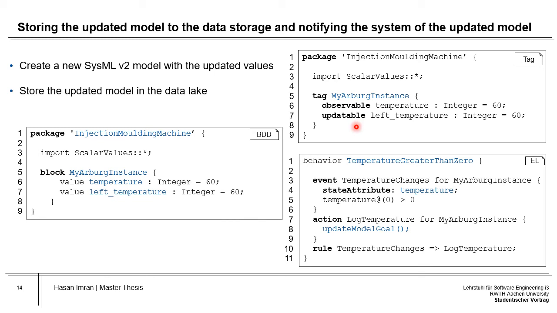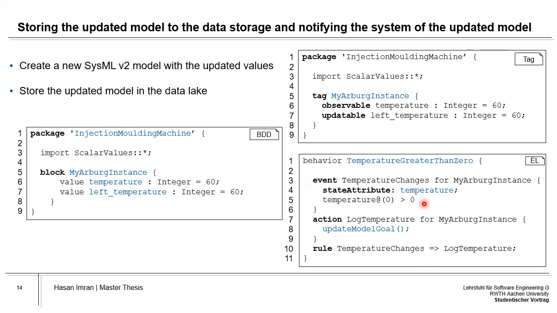For that we create a tag model. The tag model defines it as observable and updatable. And then we have the event language. The behavior checks for the temperature, so it has an event.